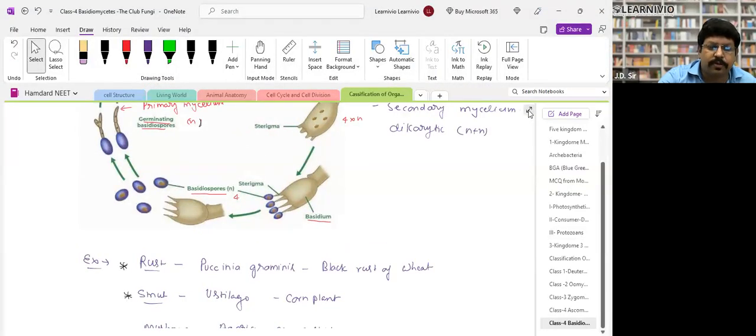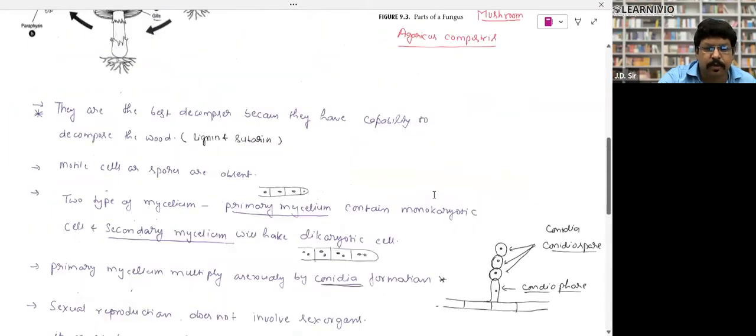So this is all about fungi. Go through your NCERT and ask me if you have any question.